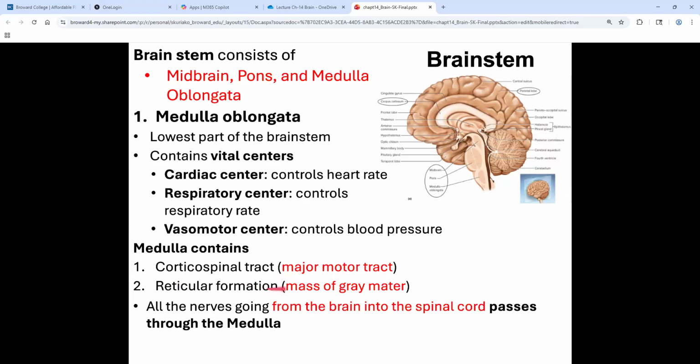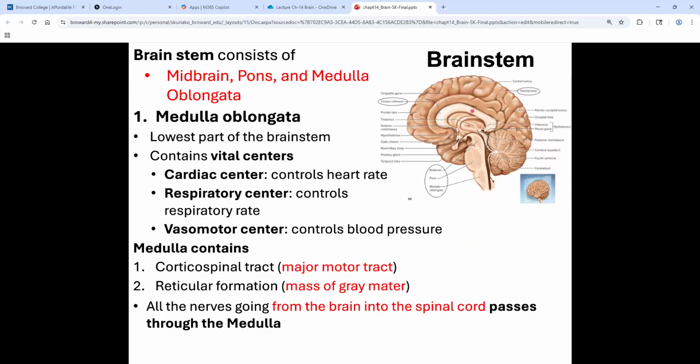And another thing, in the brainstem, there's something called the reticular formation, and I'll talk about that. That's something which is of great interest. Now, it's becoming very, very important. So the reticular formation is seen in the brainstem, and it is a mass of gray matter. So I told you that the gray matter is on the outside, right?